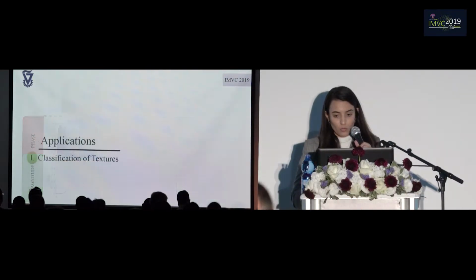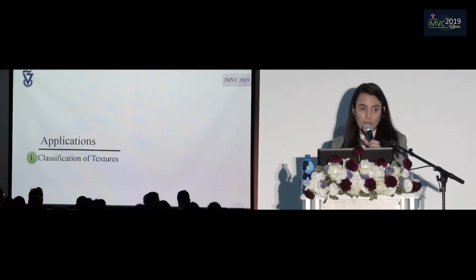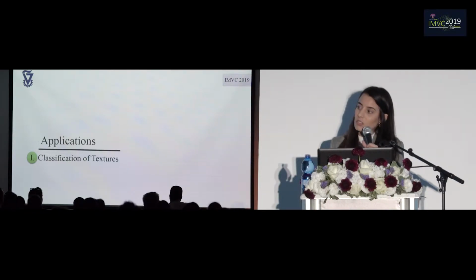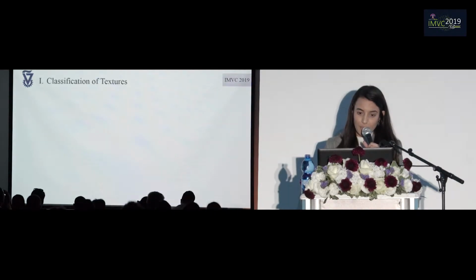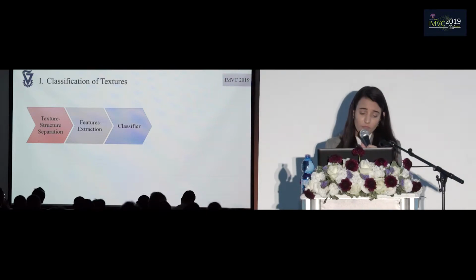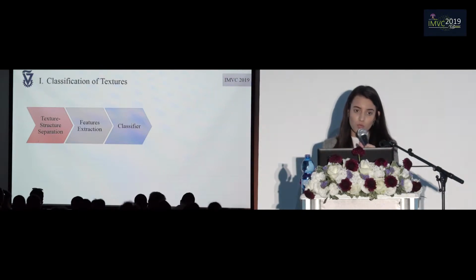Now I will show you two examples of applications where this model can be used. The first application is classification of different classes or images belonging to different substances. So we first of all decompose the images into two separate components, structure and texture.